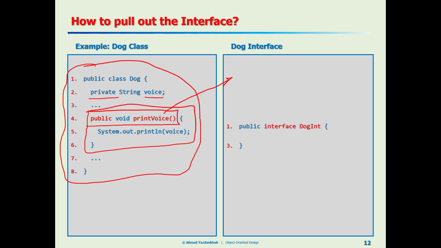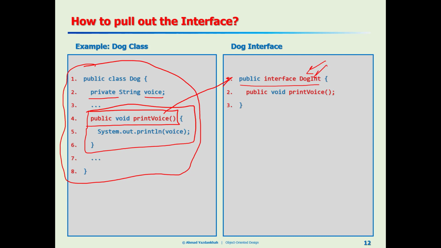So how can we do that? Very easy. Look at this. We create a public interface and we name it something. Here I named it DogInt. This int means interface, and I just put the signature of this method here and a semicolon.